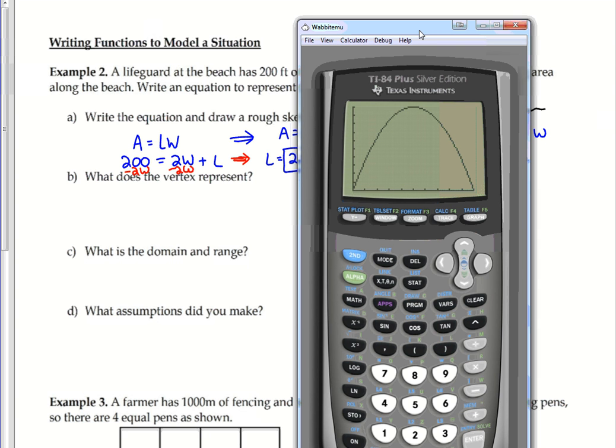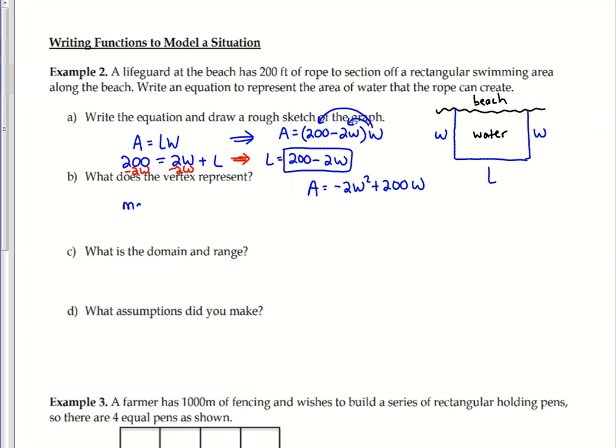So what would this vertex represent? Whatever the width value is, and the maximum area. Yeah, the vertex is going to show your maximum area and the width. Because we're graphing area versus width, that's going to be the max area at a particular width. So let's find out what it is.